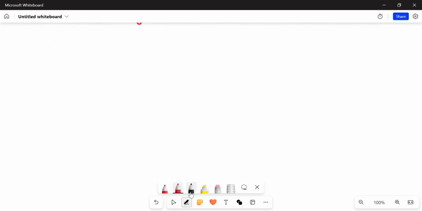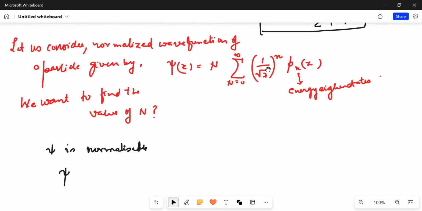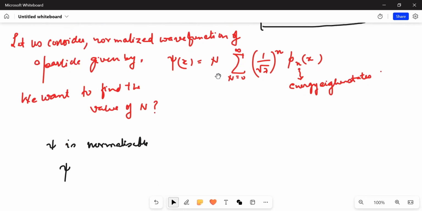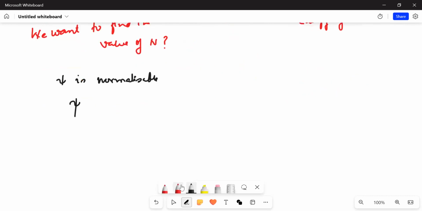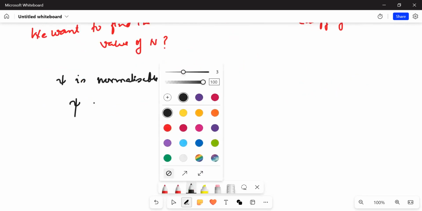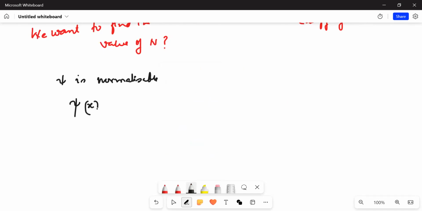As I have stated, psi is normalizable, and psi is complete in the sense that it is represented as a linear combination of the energy eigenstates. Again, reiterating the previous point: if psi is normalizable, then psi can be written as a linear combination of the energy eigenstates, here phi.